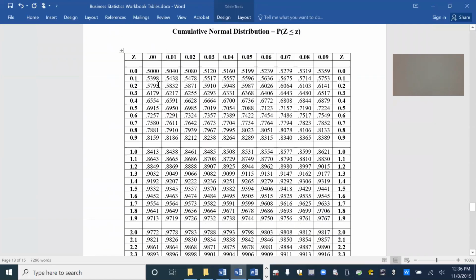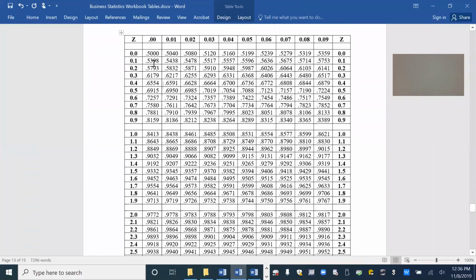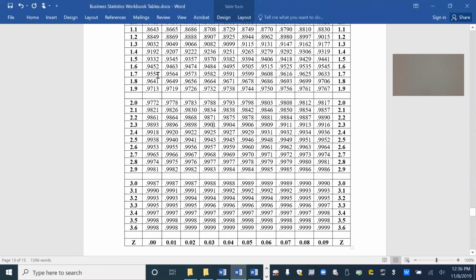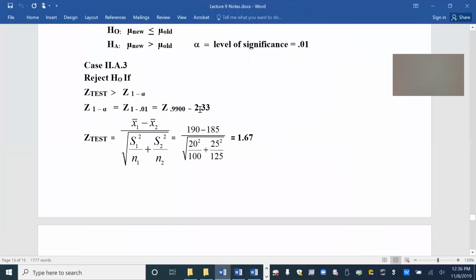Find me the 99th percentile. 99th, there we go, 0.9901, first one bigger than or equal to 0.9900, 2.33 steps. 2.33 steps to the right. So in order to prove it, I have to exceed 2.33 steps.